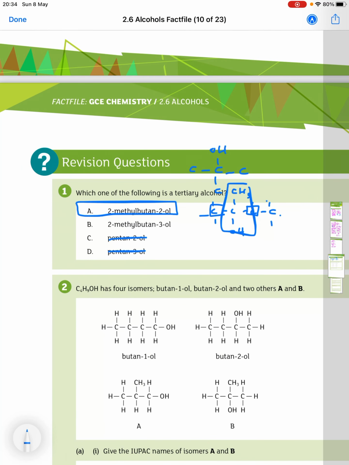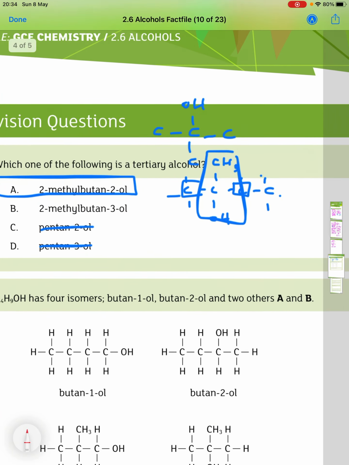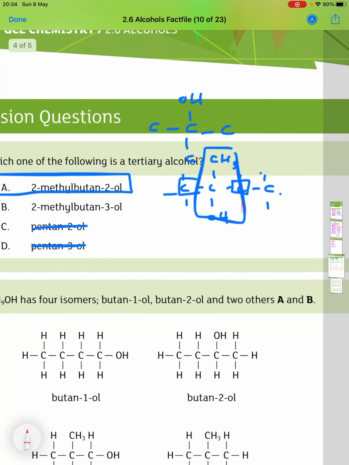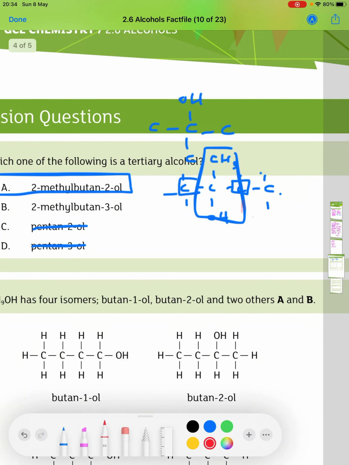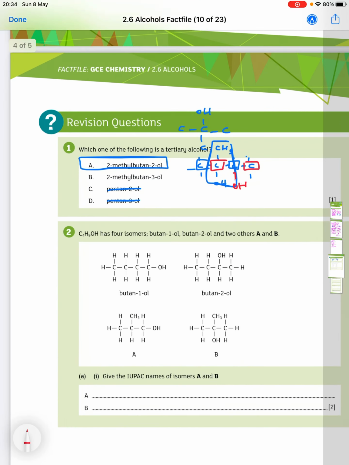So the answer here is A. If it had been 2-methyl-butan-3-ol, the OH would have been on here, which would have made it secondary because it would have been joined to just 2 other carbons.